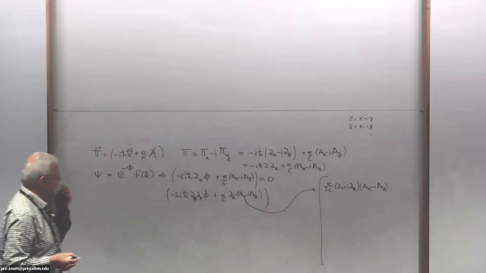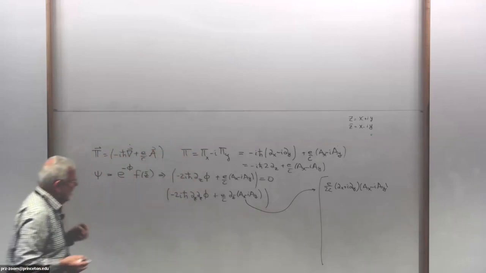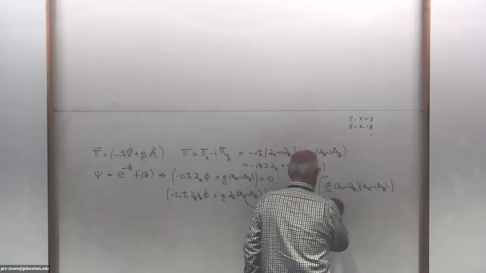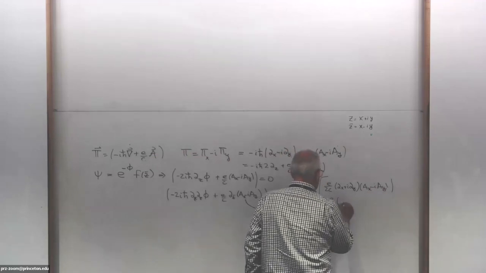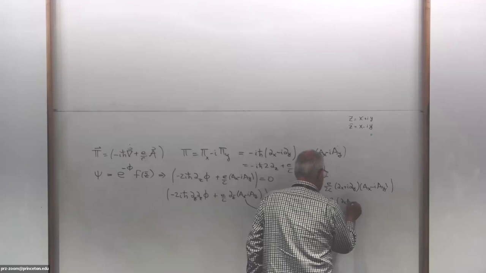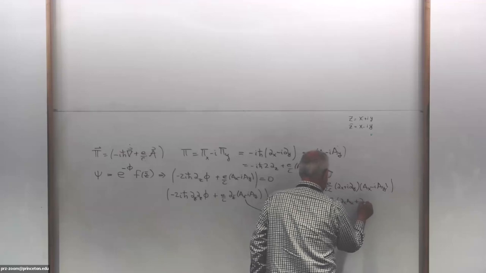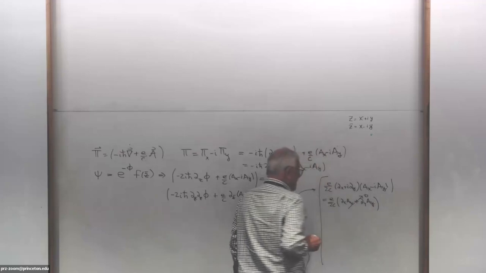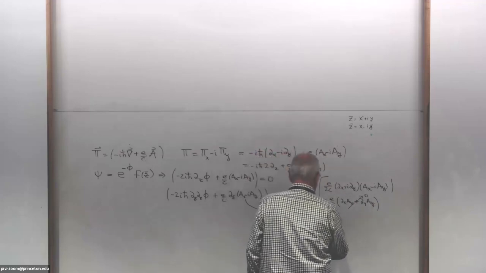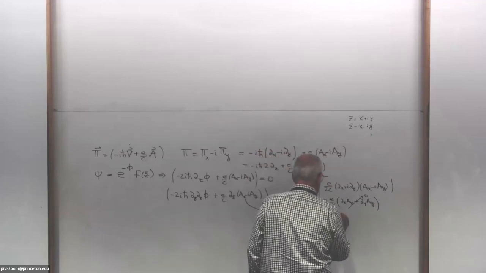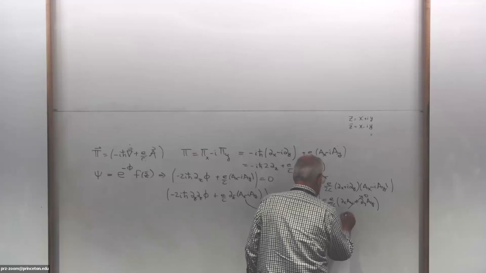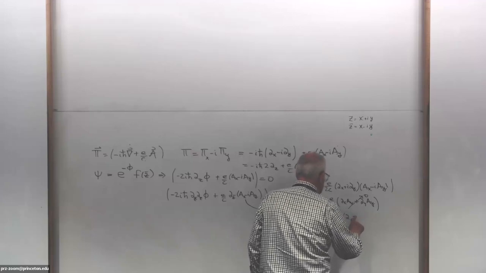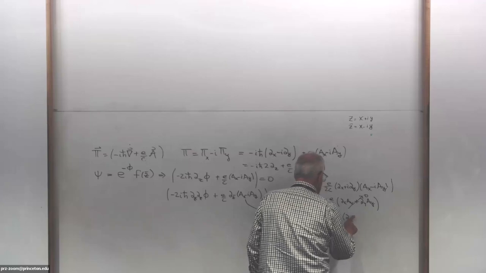And what is that? That's e over 2c, the divergence of A, which we can choose to be 0, and the magnetic field, dx of Ay.